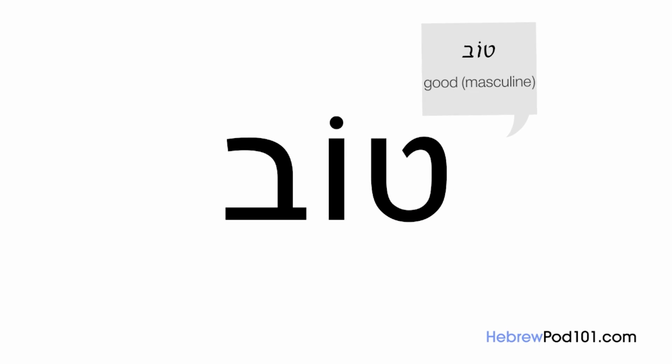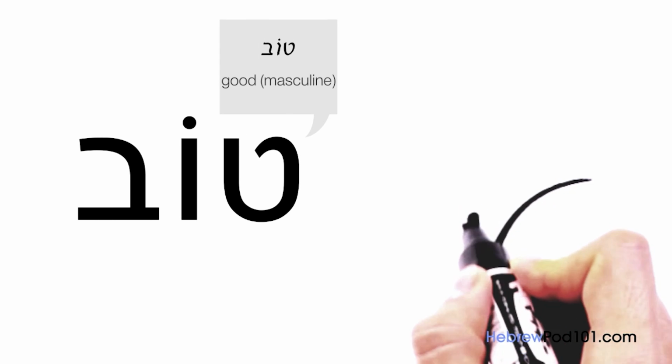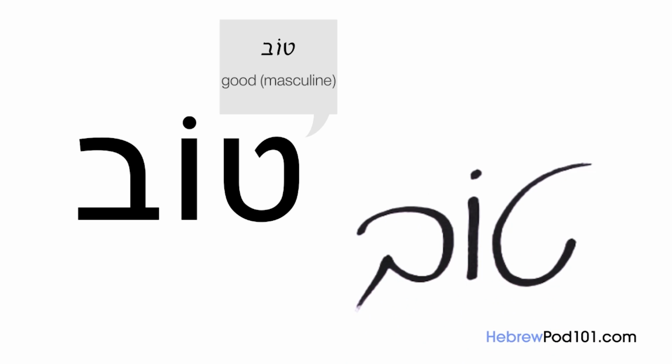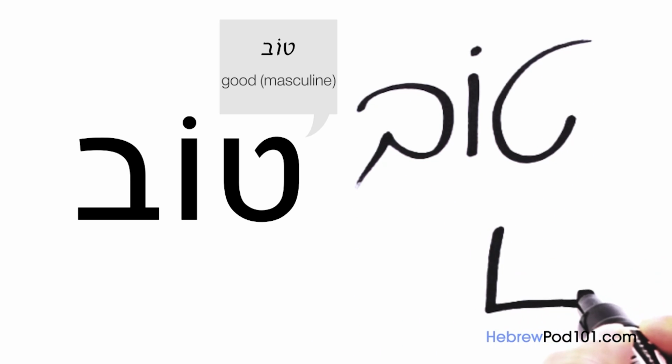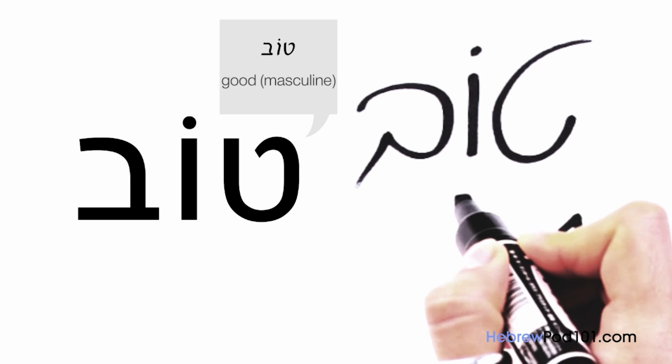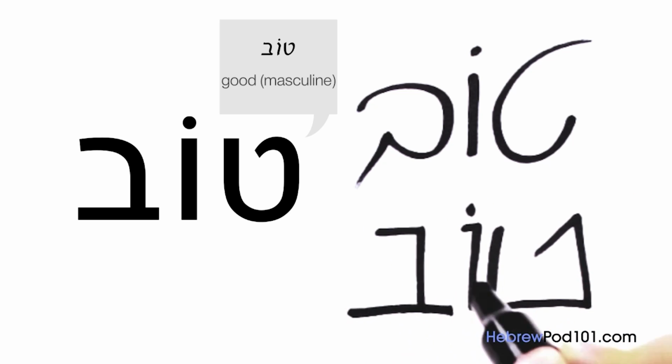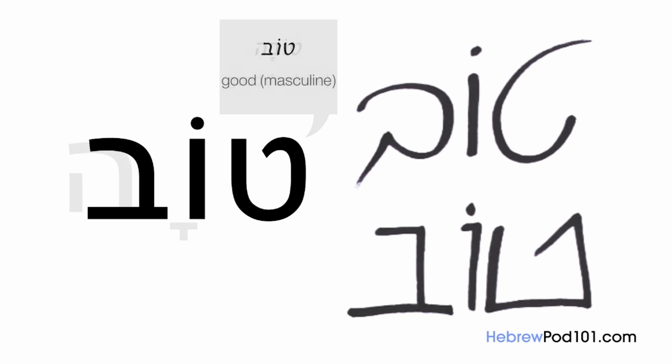Tov is good in Hebrew, in the masculine form. T, O, V. Tov. And in print, Tov. In the feminine, you write Tova.